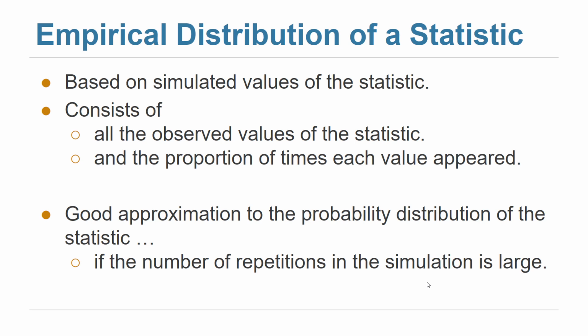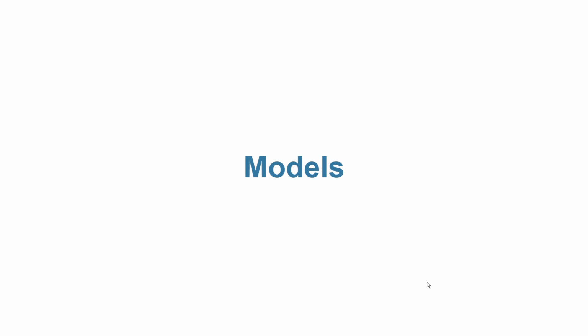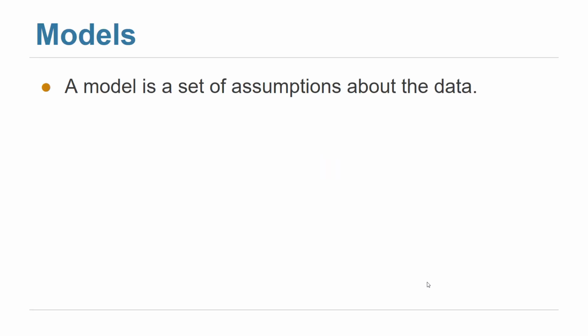So this is a quick review of what we covered, I think, in the last couple of lectures. Now, today, inshallah, we'll talk about models. That's a new concept. So what do we mean by a model, especially in data science? A model is a set of assumptions about the data. So we have data, and we have some assumptions about the data.